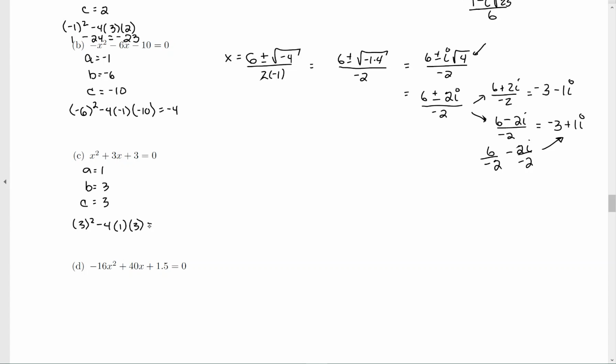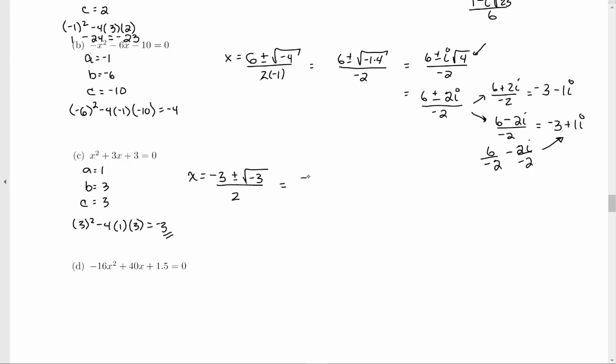We saw this to be the number negative 3. So our x equals the opposite of b, so negative 3 plus or minus the square root of negative 3, that's my discriminant, divided by 2 times a. 2 times 1 is 2.